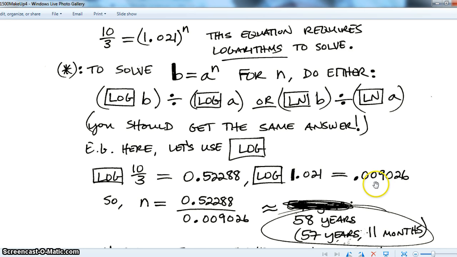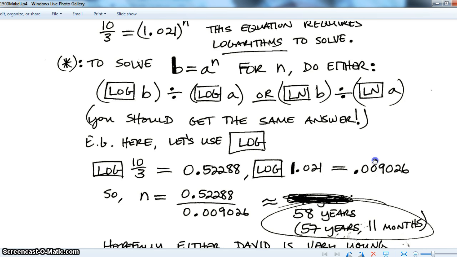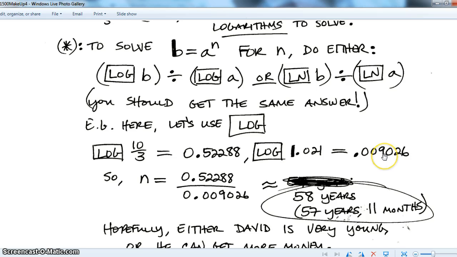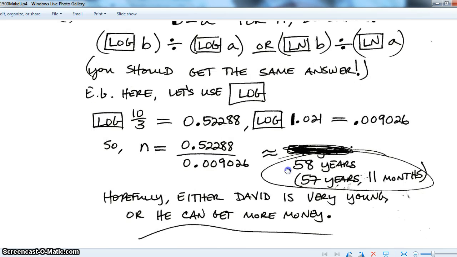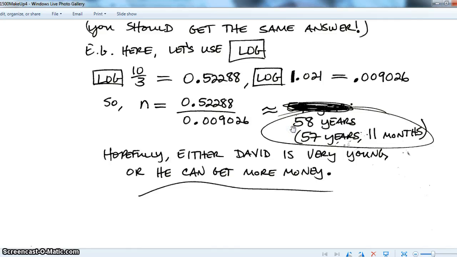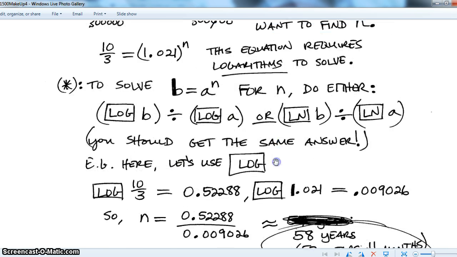So to find the time period, to find n, you just divide one into the other. When you take that quotient, it's about 57 years and 11 months. So hopefully either David is very young or he can get a hold of more money, because that's a long time to wait to become a millionaire.